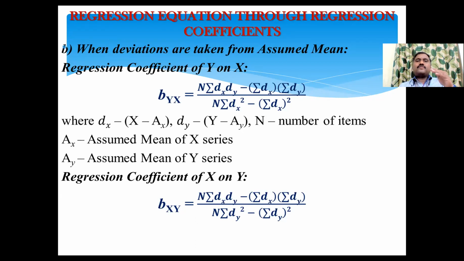The same formula for x on y, only the denominator will change. Instead of summation dx square, there will be summation dy square minus summation dy the whole square. The numerator will be the same. Take down this formula. Once you copy it, tell me, we'll move on to the problem.